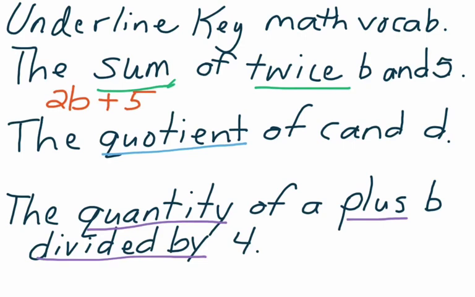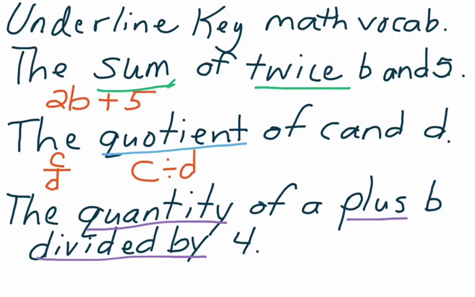Okay, how about the second one? So the second one, the keyword quotient implies division. So how could we write that one? You could write it one of two ways. You could write C over D, or you could write C divided by D.